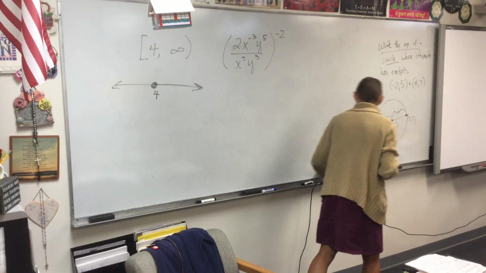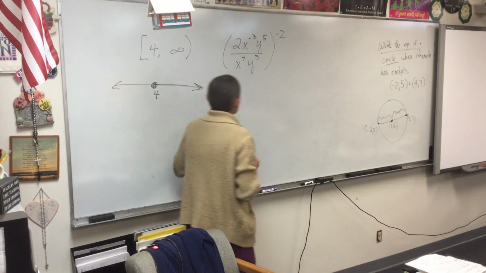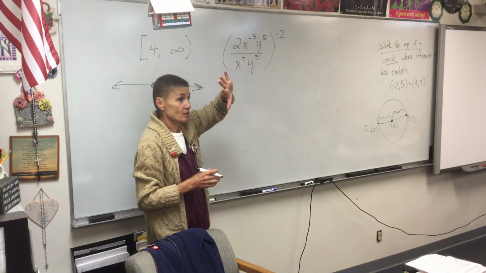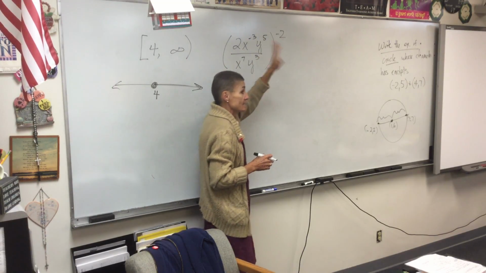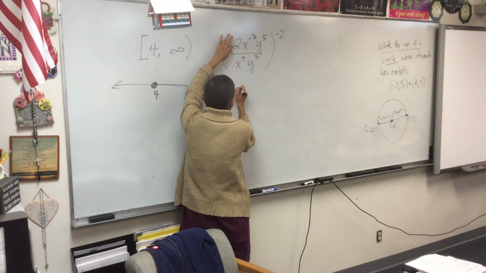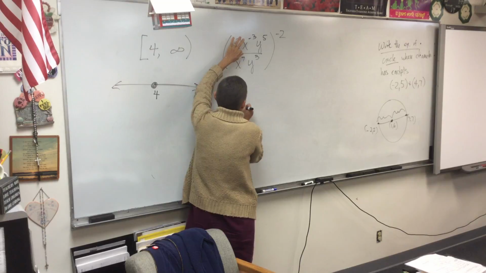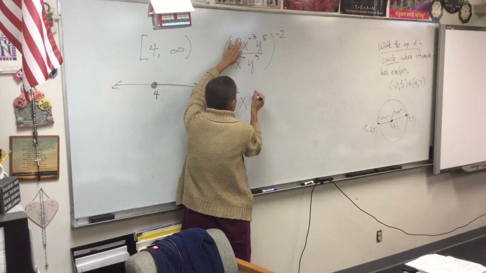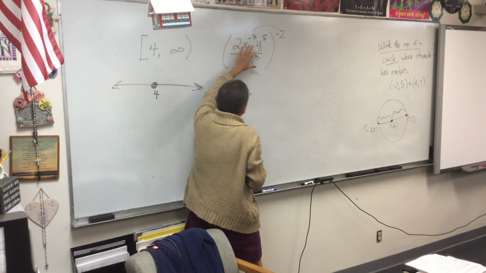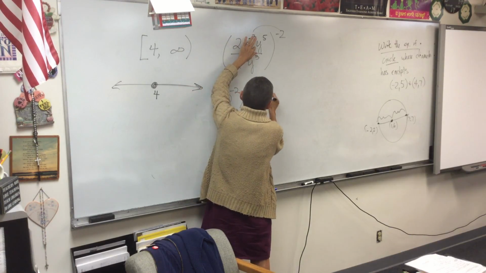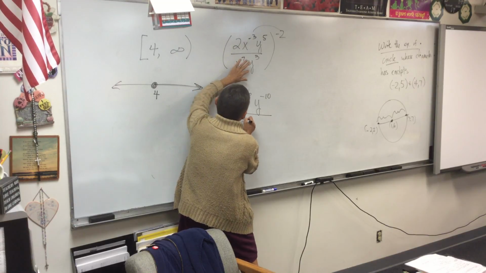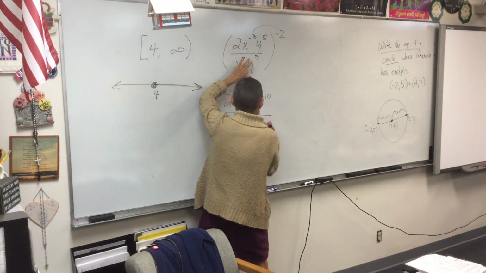I'd like to put the -2 exponent into all the others. Okay, so he's going to apply the -2 exponent to everything. Just don't forget the 2. So 2 to the -2nd. X to the what? 6. Because I'm going to multiply these two, right? Y to the -10. X to the -14 and y to the -6.